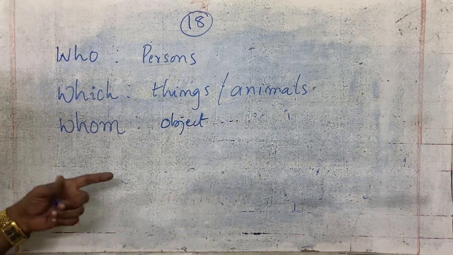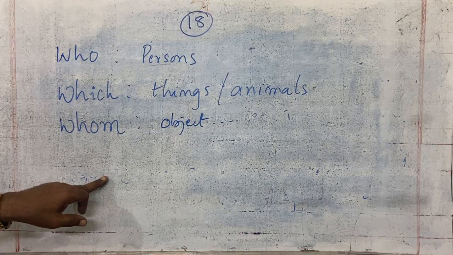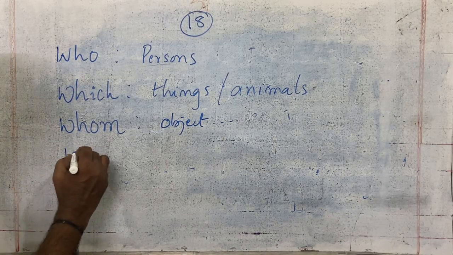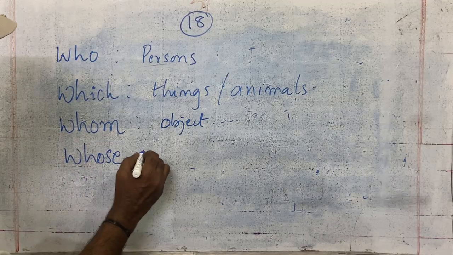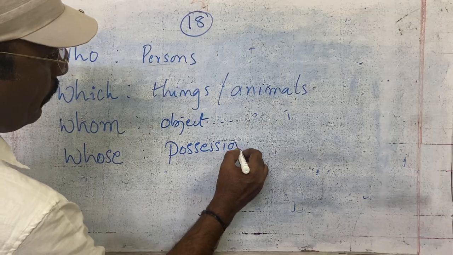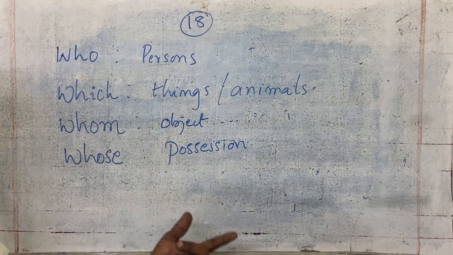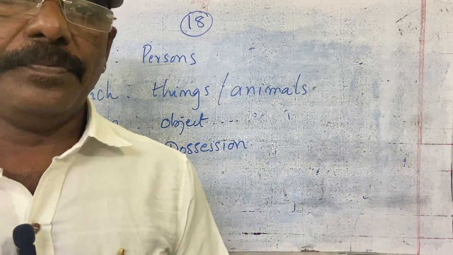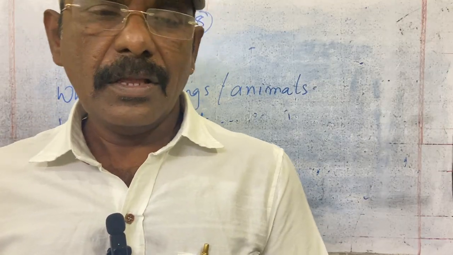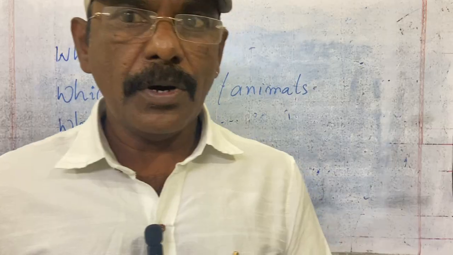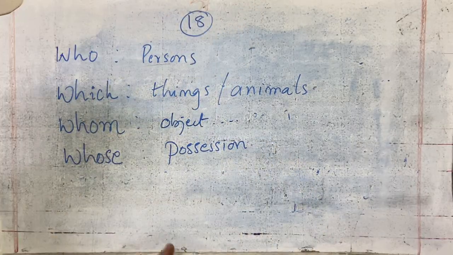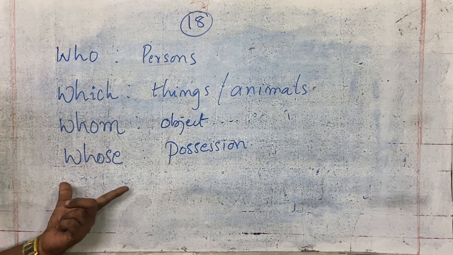And next we come to whose. Whose means we are taking it in case of possession, for example belonging to him, her, them, your. So in those cases you take whose.